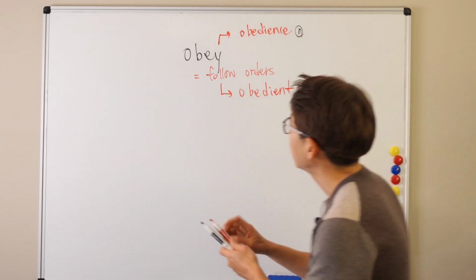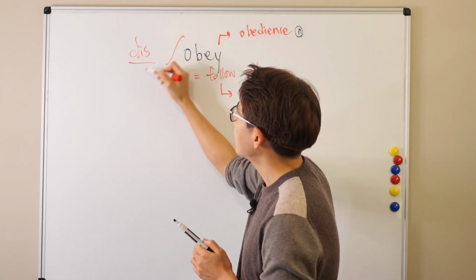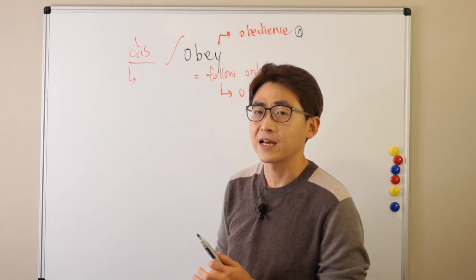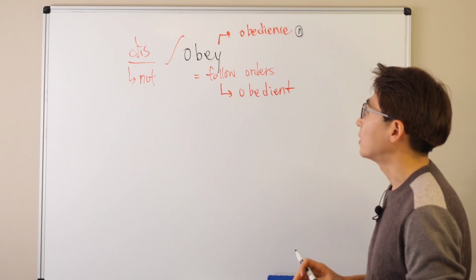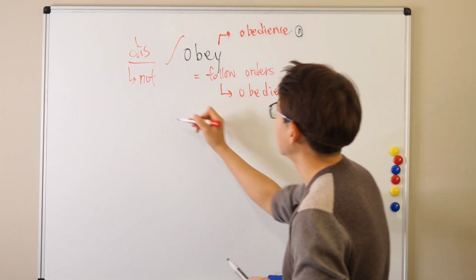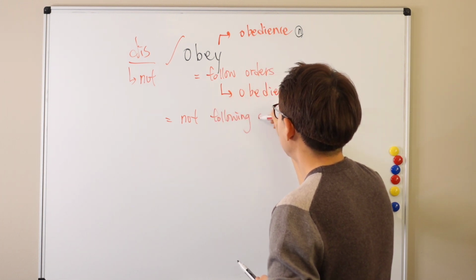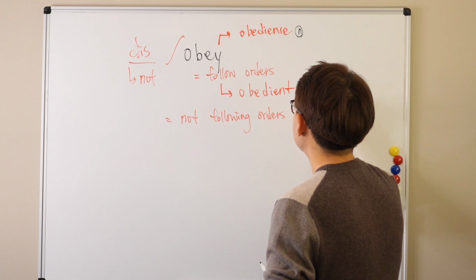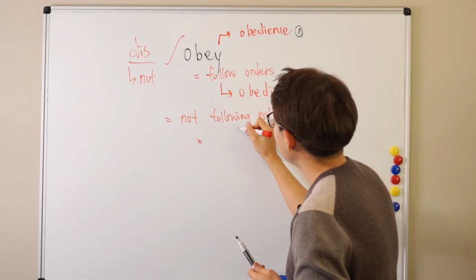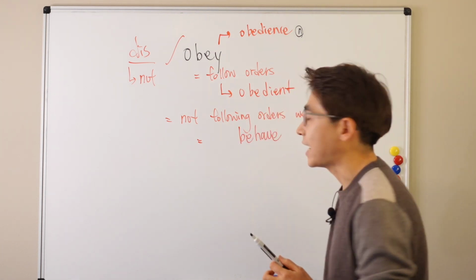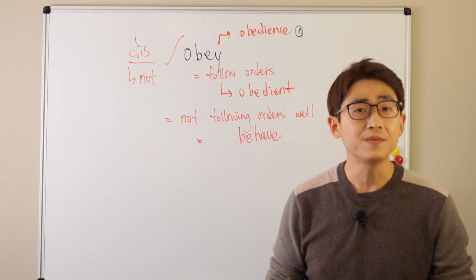Okay, so when we put the prefix dis in front of this one, this word has the meaning of not. So not obeying what is being told to you. So this one means not following orders well. Okay, and another synonym of this one, behave, means to act upon orders or upon your beliefs.